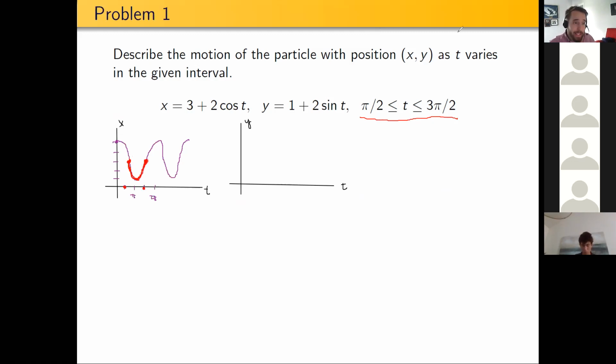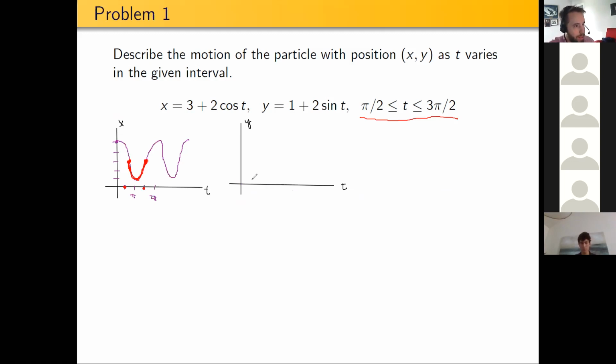Okay, and then we can do the exact same thing for our y function. So y is also a function of t. What we have here is y equals 1 plus 2 sine of t. The sine of t would have started at 0 and gone like this. So 2 sine of t will start at 0, but have a magnitude that's twice as big.